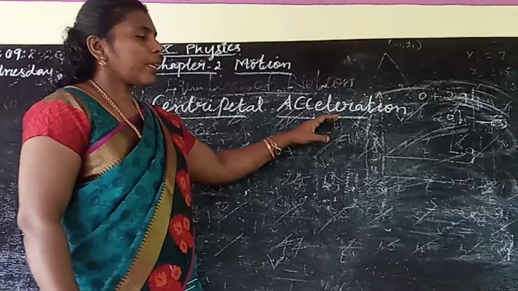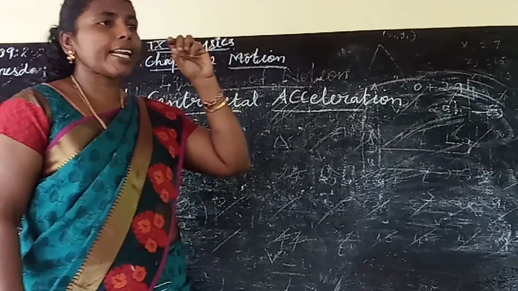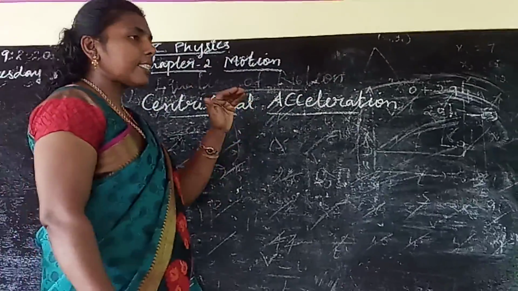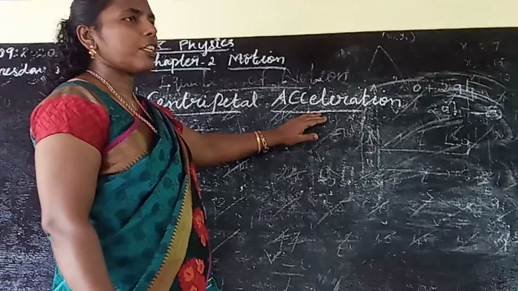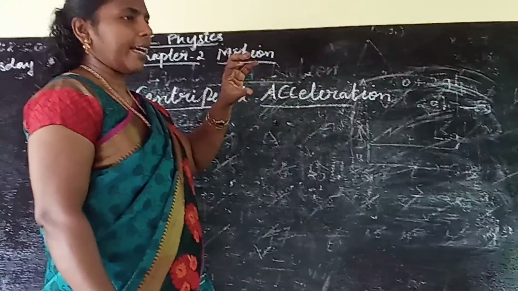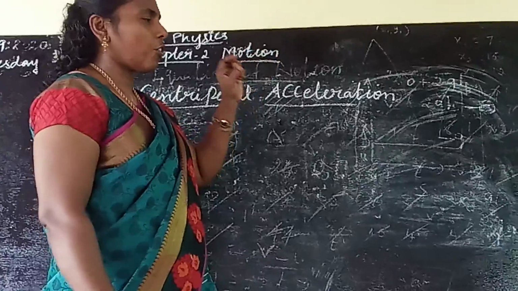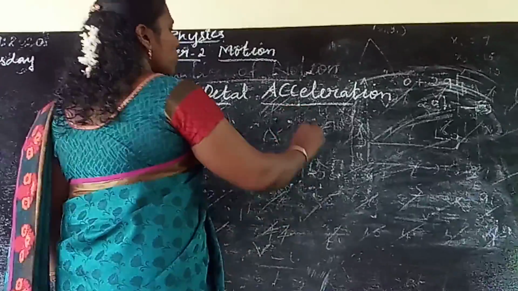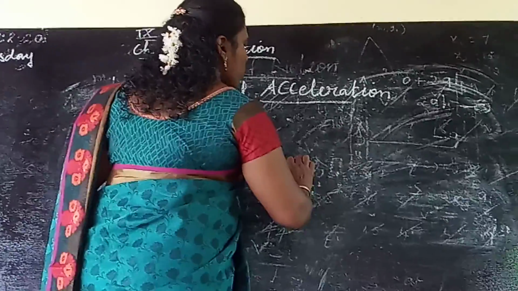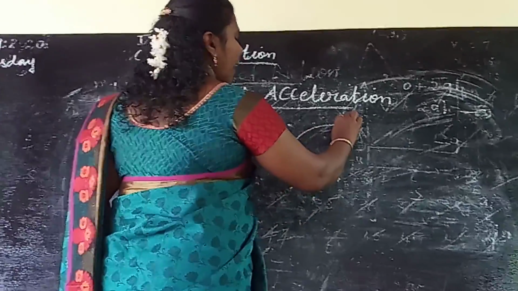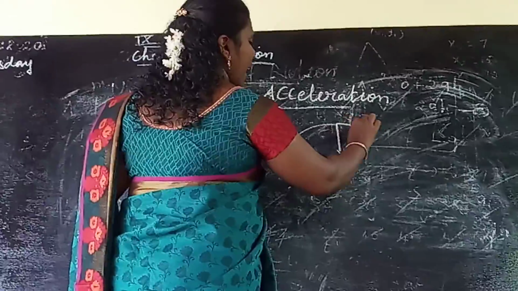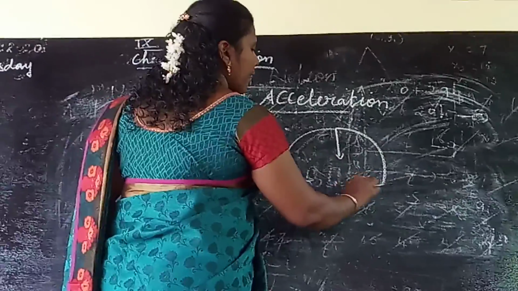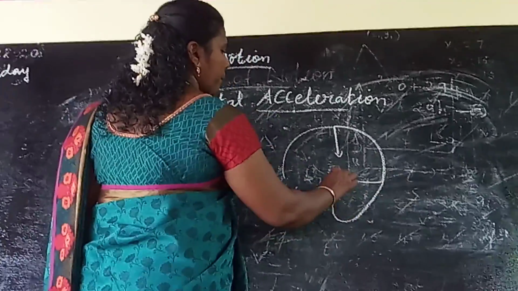Now, here the acceleration of the string acts inward. So here velocity will change, the magnitude and direction will change. In this diagram, it moves along a circular path and the acceleration of the string acts inward.